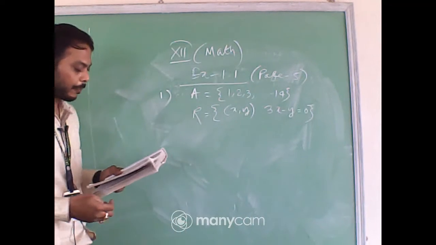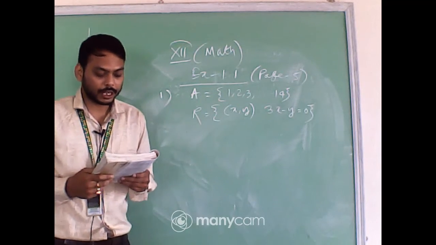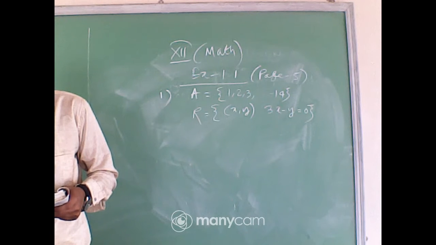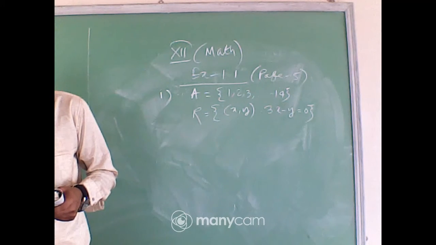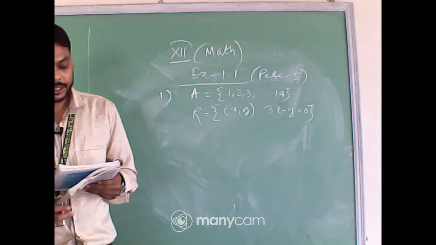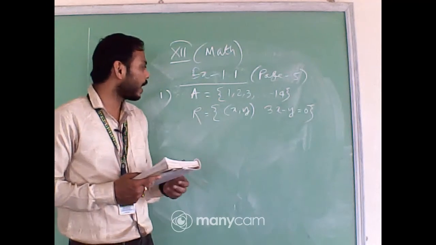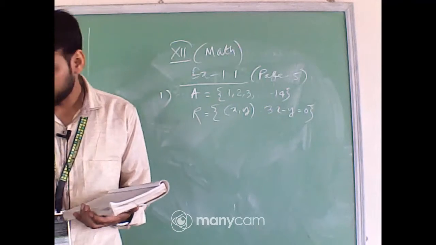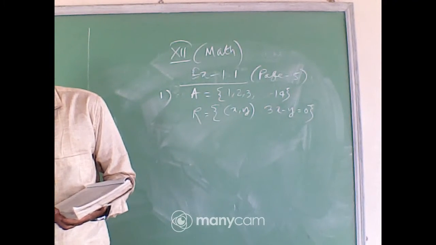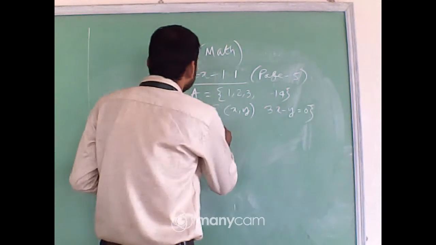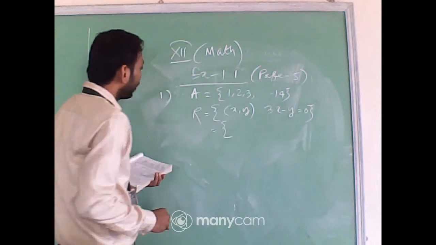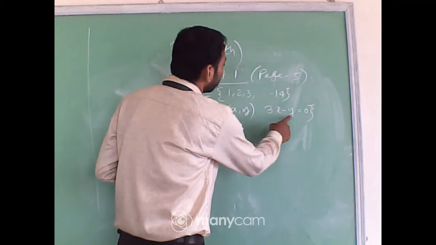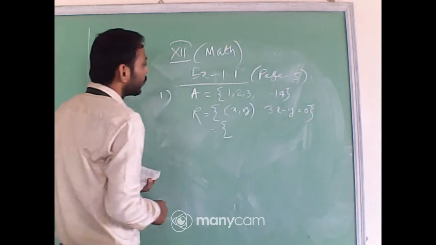Okay. Now, before checking reflexive, symmetric and transitive, you just tell me the elements containing the R explicitly. Find the elements in R explicitly. 3x minus y equals 0, that means 3x equals y.